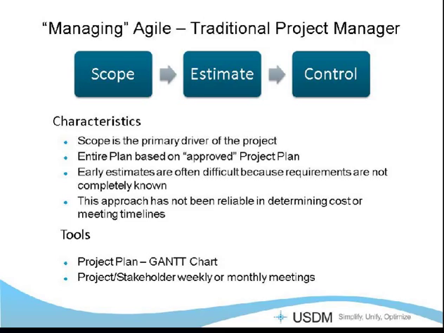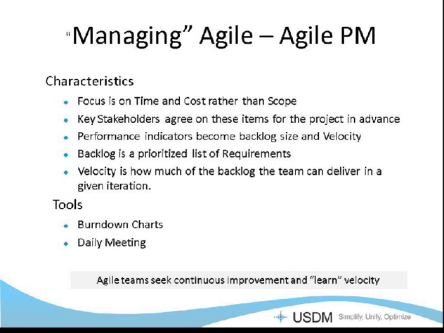So the Agile project manager looks at things a bit differently. So managing the Agile from an Agile project manager perspective, the focus is on time and cost rather than scope. So we start the project with a business unit or a business leader saying, I have this much money and I want to get this done by the end of Q2, and here's kind of a high-level description of what we're trying to achieve.